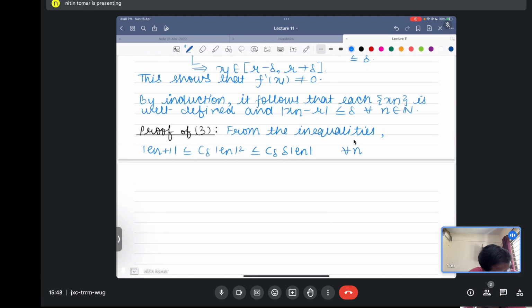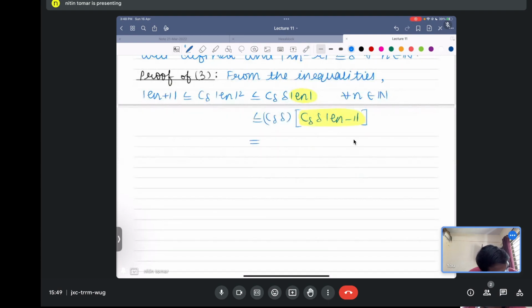This happens for all n, which means if you apply the same inequality on E_n, you will get C(delta) delta as it is, and for this E_n you will get it is less than or equal to C(delta) delta |E_{n-1}|, right? So ultimately it is C(delta) delta^2 |E_{n-1}|.